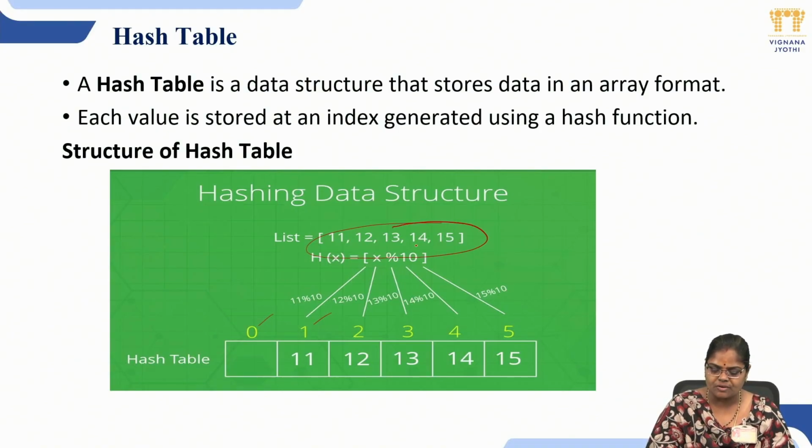If I take a hash function denoted as x mod 10, then performing for each element x, 11 mod 10 gives a hash index value of 1. So at index value 1, 11 is stored. Similarly, for 12, the hash index value is 2, where 12 is stored. This is how the data is stored into your hash table using a hash function.